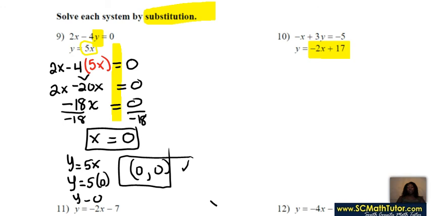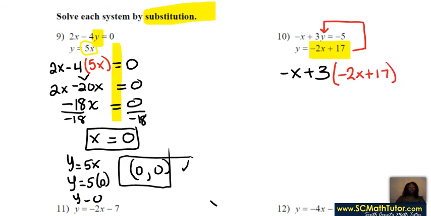So that tells me whenever I have y in the other equation, I'm going to replace it with what it is. Substitute. So negative x plus 3, instead of y, I'm going to substitute negative 2x plus 17, equals negative 5.